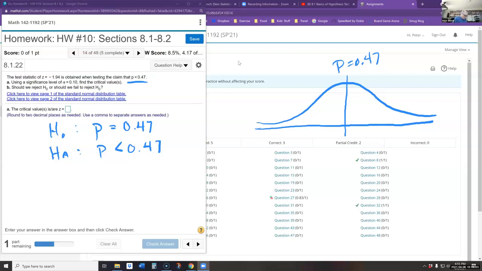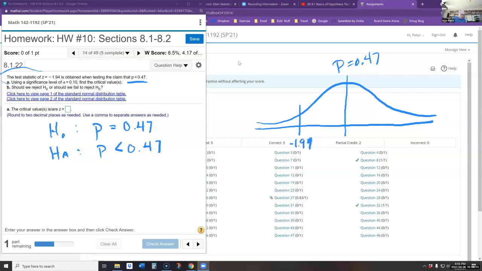They tell us the z-score for the test statistic is negative 1.94, so I'm somewhere over here.